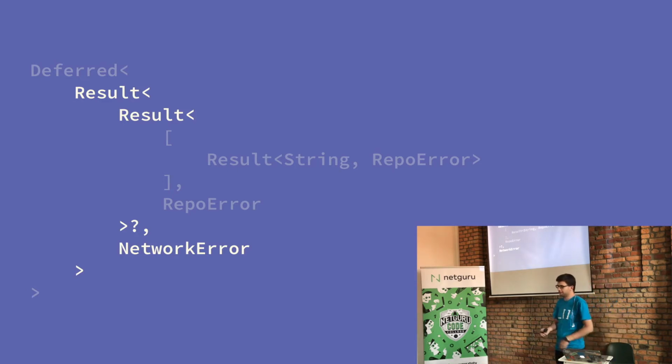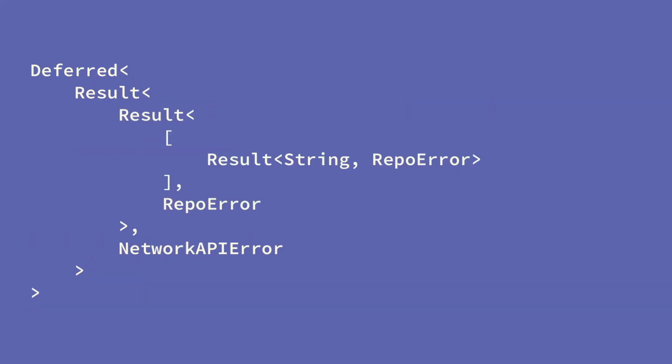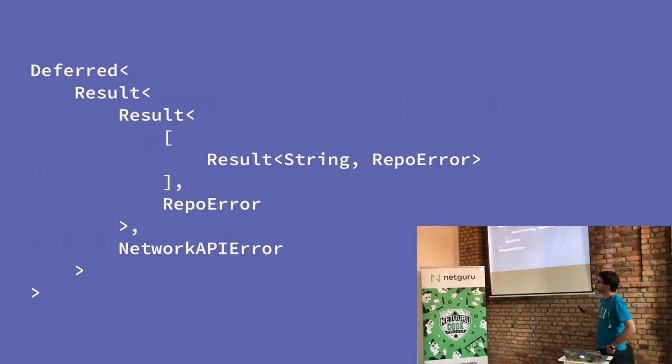Because, I mean, what can we do with this situation? This is basically, even if it's not an error per se, it's still an error for us. I mean, for the presentation layer, definitely it is an error. So we can just add some new case that indicates the lack of data, and then, voila, our signature is getting one layer less. It's getting slimmer, we're getting somewhere.